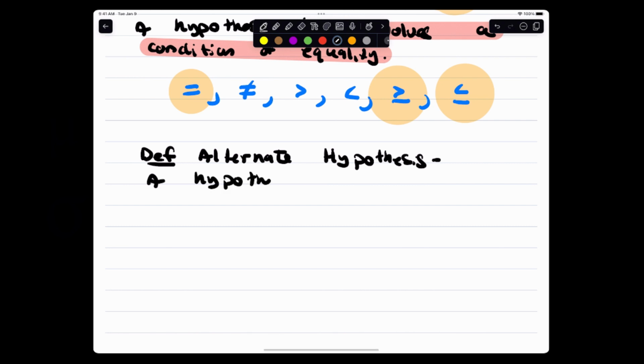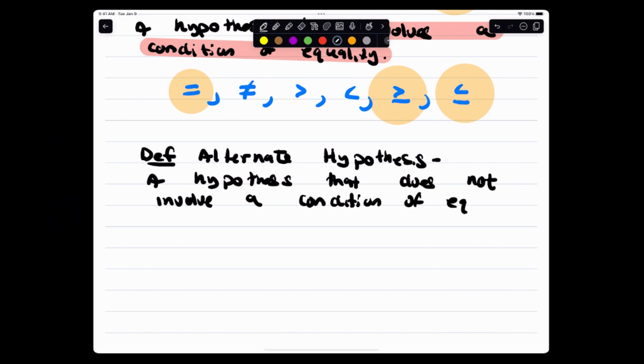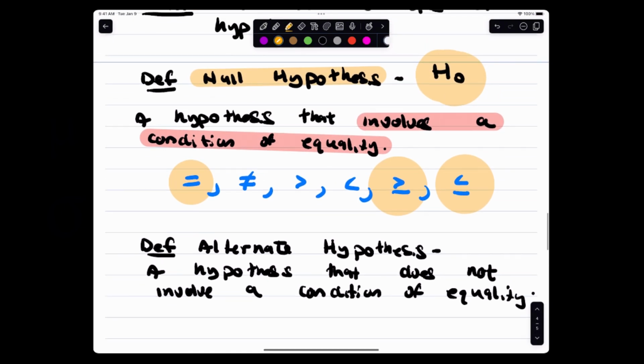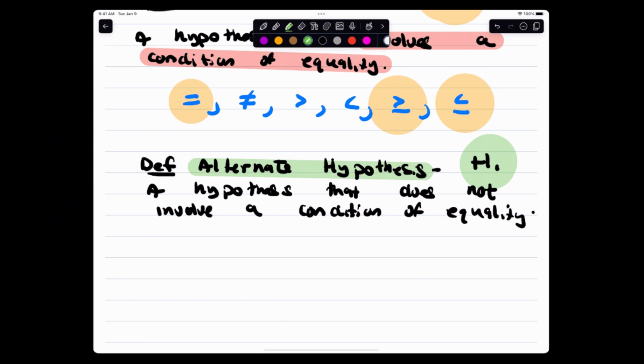It's a hypothesis that does not involve a condition of equality. So there's the alternate.